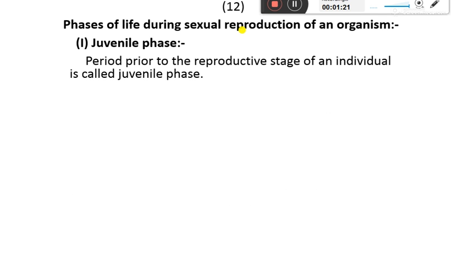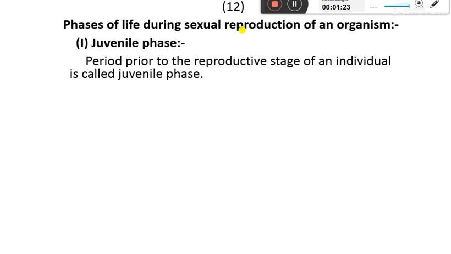Now, phases of life during the sexual reproduction of an organism. There are mainly two phases of life. The first is the juvenile phase, as we say in the case of animals, but in the case of plants we say vegetative phase or growth phase. In the juvenile or vegetative phase, no reproductive activity takes place, simply growth takes place.